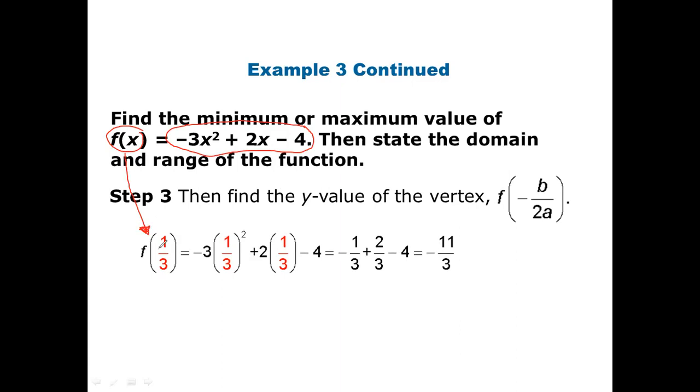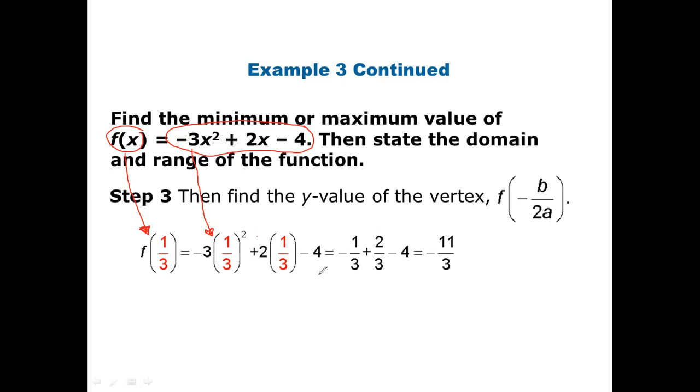So f(1/3) equals -3x squared. Okay, here please follow. So you have here -3x squared, and we said x is 1/3. So -3 times x squared plus 2 times x. Again, x is 1/3.